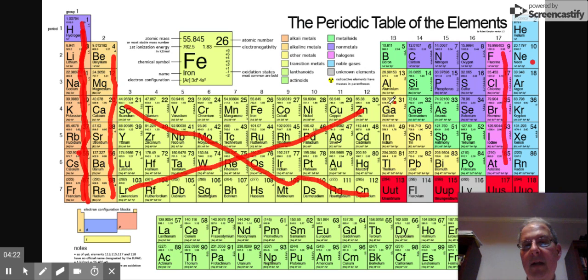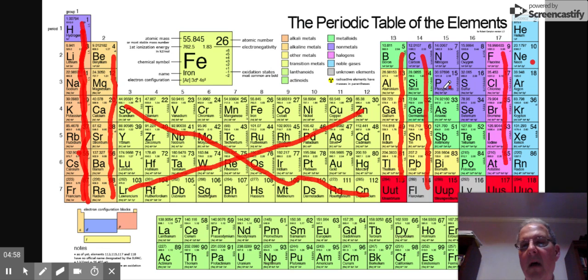Now, when we get over to this column, we have boron, aluminum, gallium, indium, and so forth. They have 3 electrons in their outer shell, and carbon, silicon, germanium, tin, lead, and flerovium have 4, and so forth.